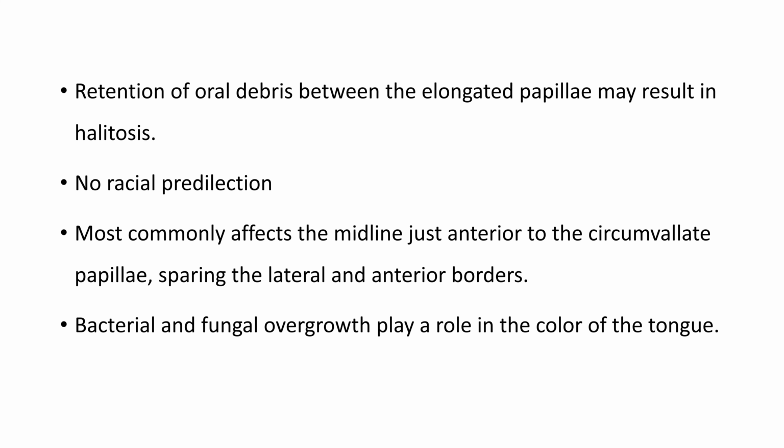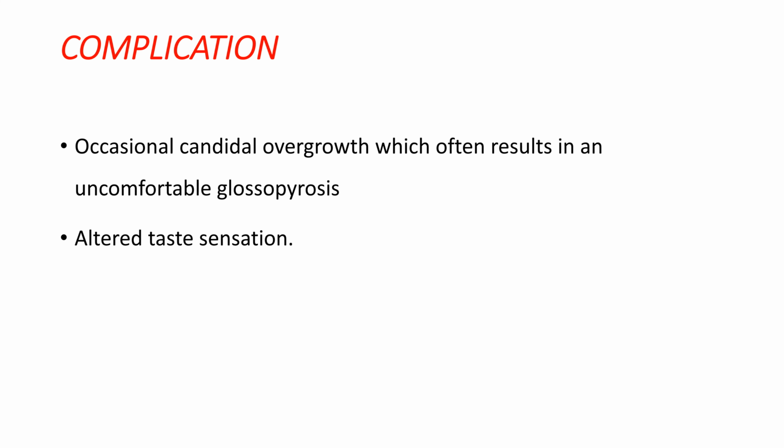So the tongue has a thick coating in the middle with a greater accentuation towards the back surface. Bacterial and fungal overgrowth play a role in the color of the tongue. Then the complications of hairy tongue.